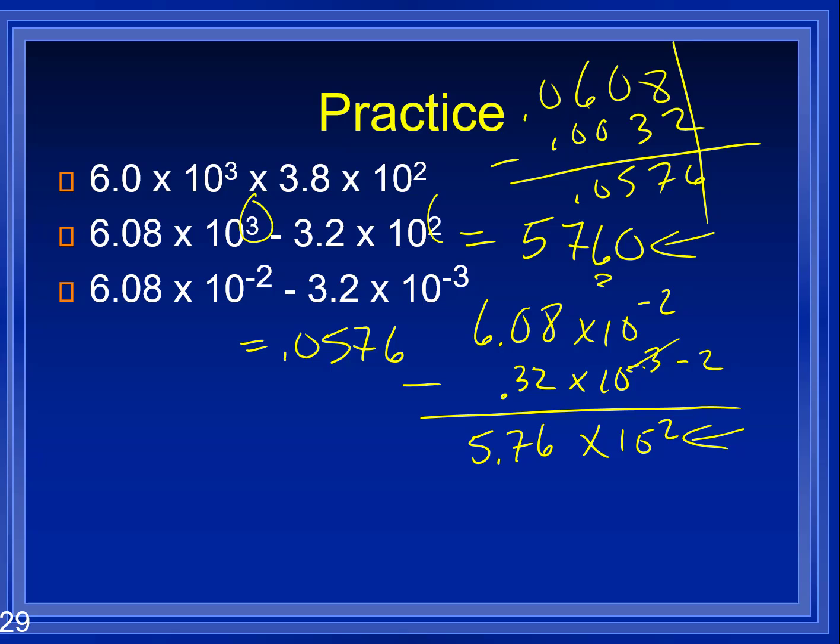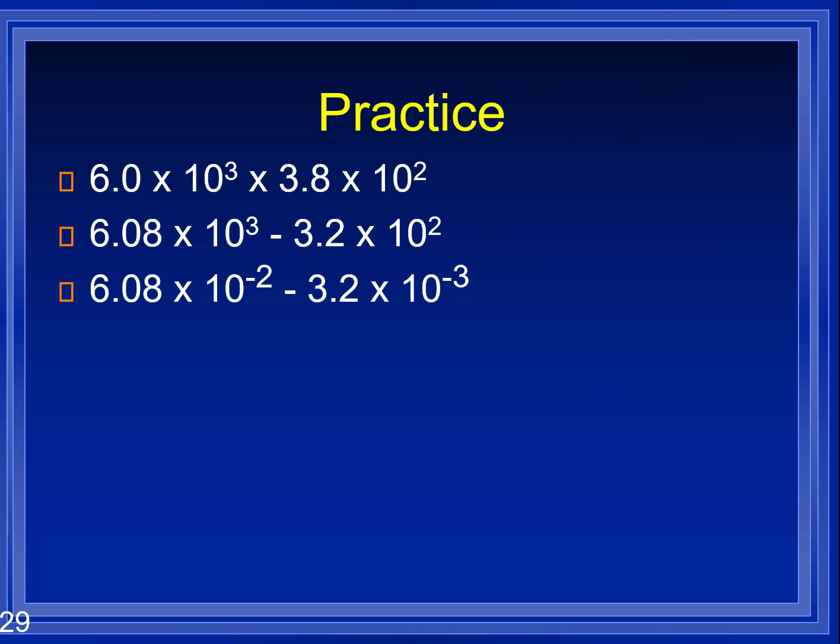But we need to do it without taking it out of scientific notation because of problems like this. You don't want to do this one by taking it out of the scientific notation because you really don't like writing 18 zeros for the first one and 19 zeros for the second one, and then trying to make them all line up.